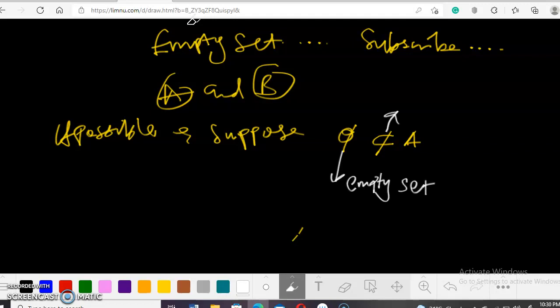This sign represents not contained. So suppose that this empty set is not contained in set A.